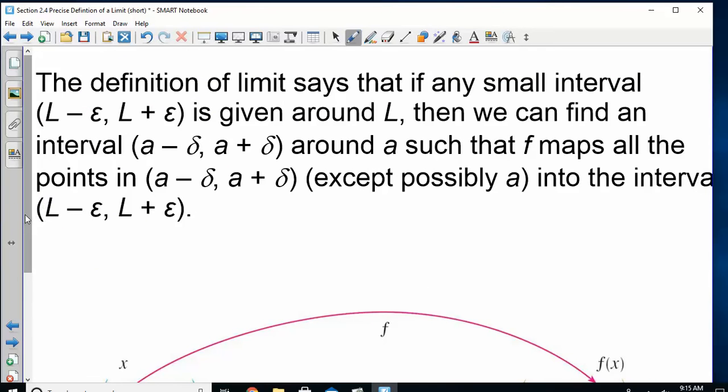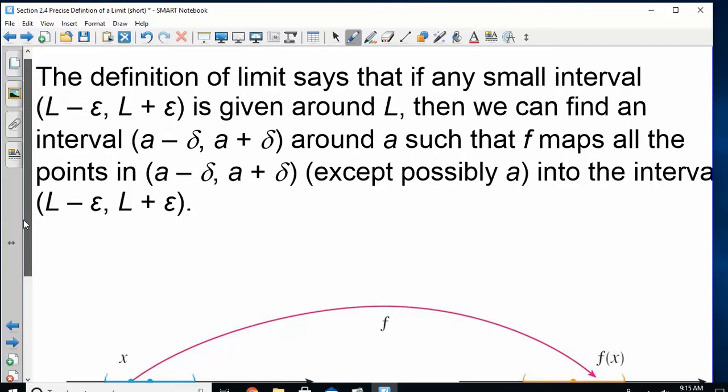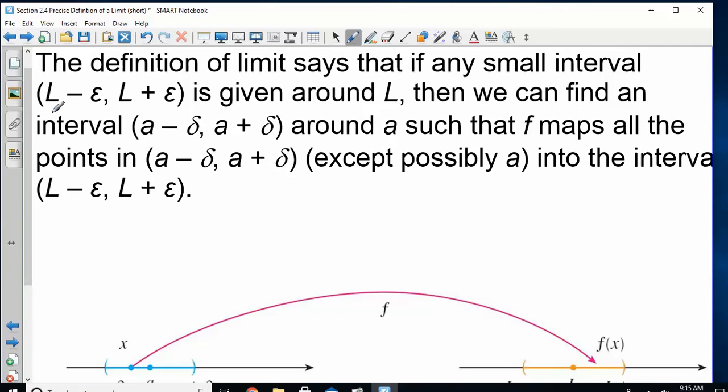So the definition of a limit tells us that if we have any interval, epsilon is how far you are from the actual limit. So you would have your limit minus and your limit plus epsilon if you're trying to get a window of values. So if you pick this window around your limit, then you should be able to get a corresponding window around your x values. Your a minus delta and your a plus delta.